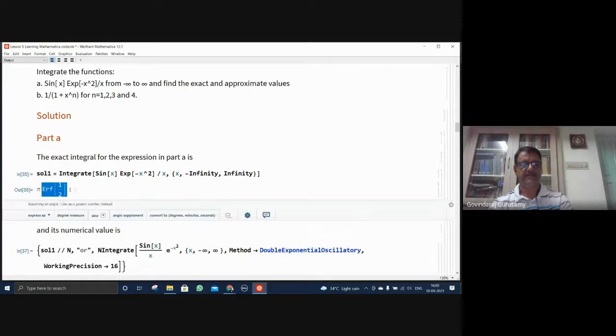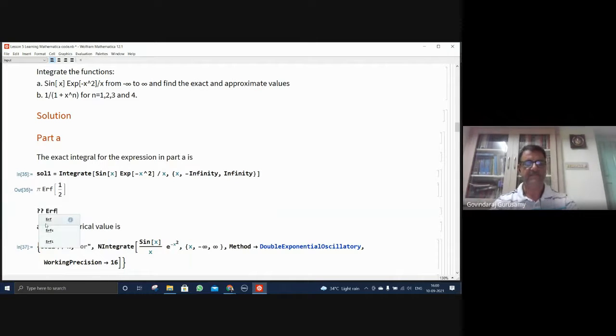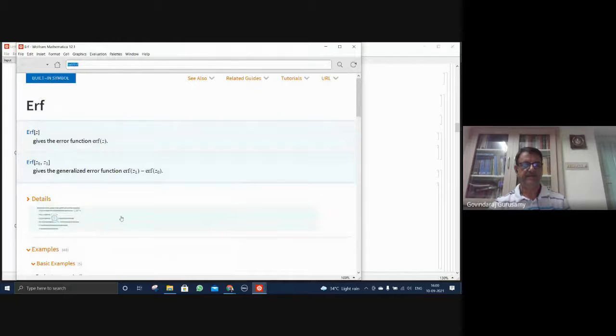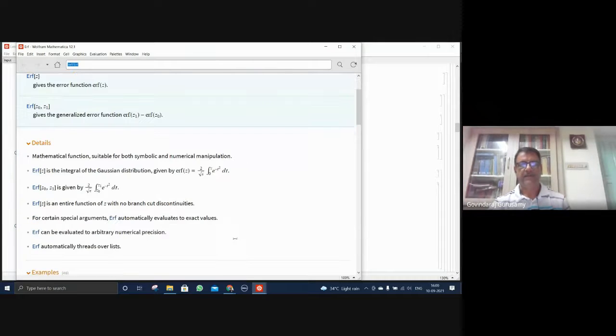And it has been defined as an error function. Do you know what the error function is? It is quite interesting to look at how it is defined. Erf of z equals 2 by square root of pi, integral from 0 to z of e power -t square dt.